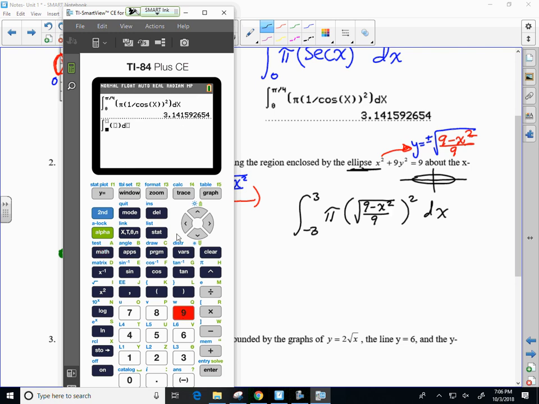Math 9, -3 to 3. Mode's irrelevant because there's no trig in it. Actually, I could just put the expression without the radicals, because it's going to square away. I think I hit the second key, so let me undo that. I'll just put the fraction in without the radical. So 9 minus x squared over 9.